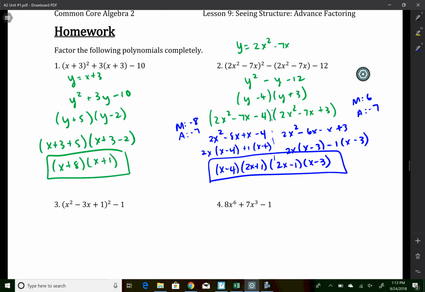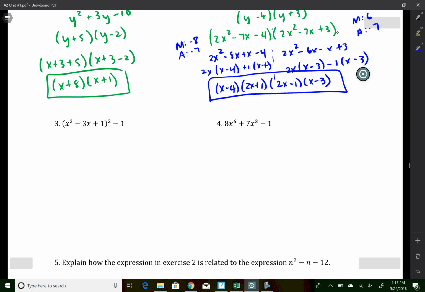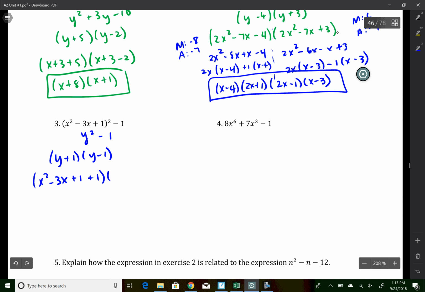Number 3, I have something squared minus 1. So I have y squared minus 1. I'm just replacing that something, y plus 1, y minus 1. So then I get x squared minus 3x plus 1 plus 1, and x squared minus 3x plus 1 minus 1. I'm just replacing stuff here.